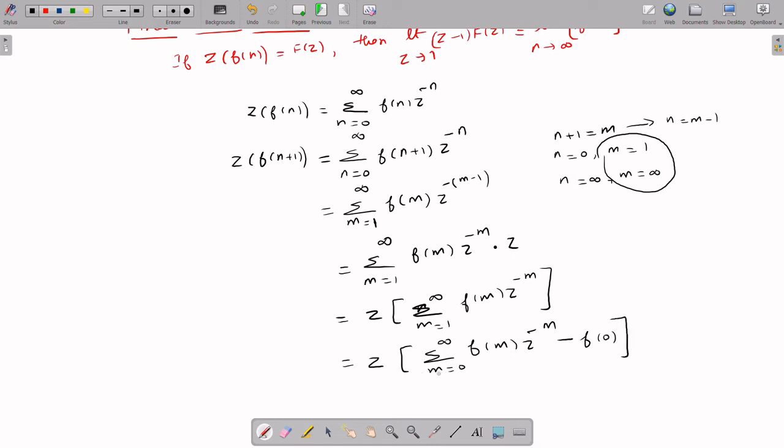The added term is included in this summation, and the subtracted term you write as it is. This term can be written as Z into f of Z minus f at 0.